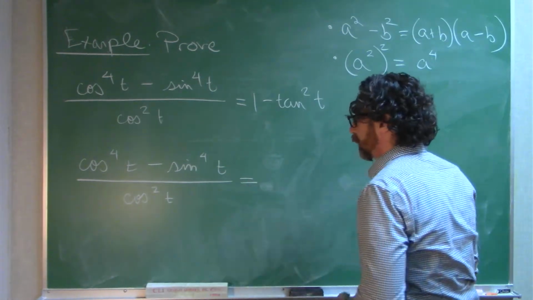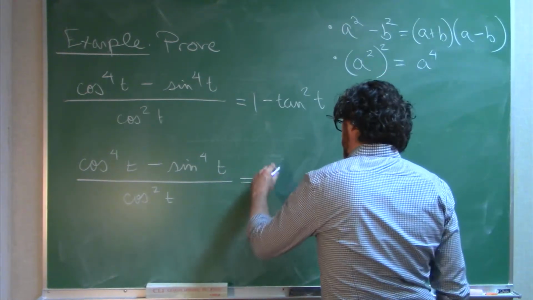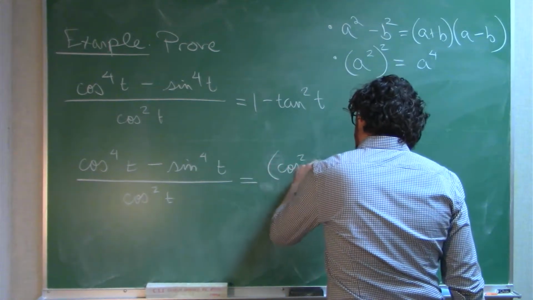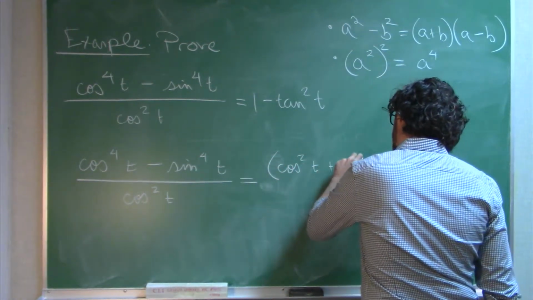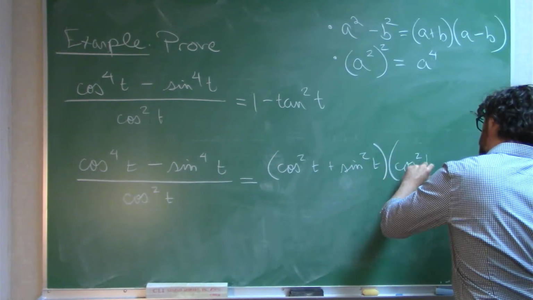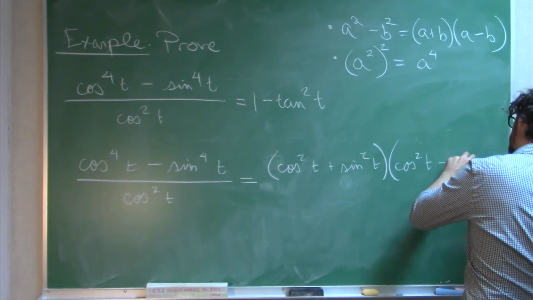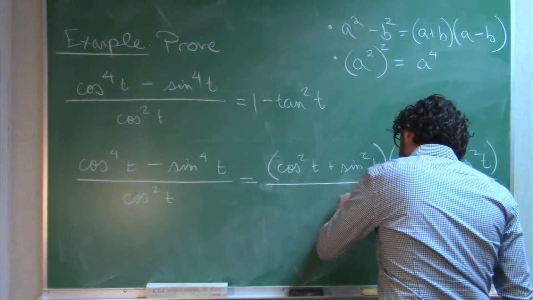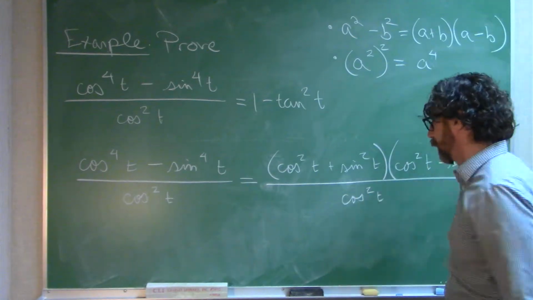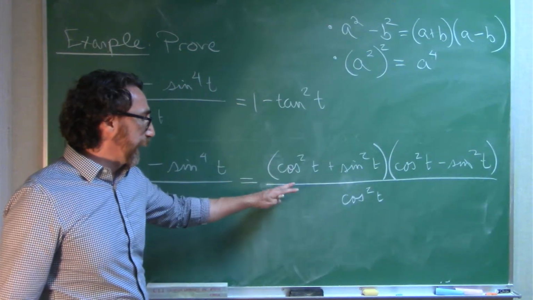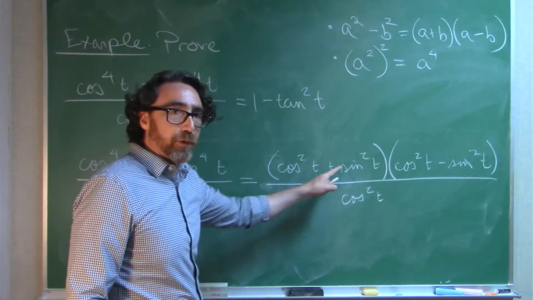So what can I do? Well, I'm going to factor my numerator. Right now, nothing's really canceling because there's no factor of cosine squared.